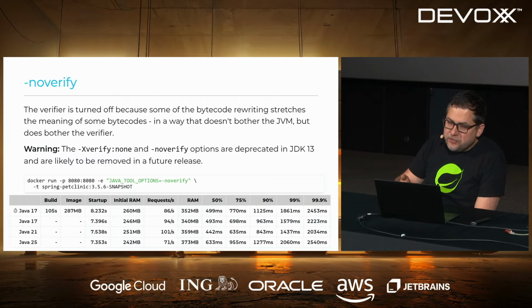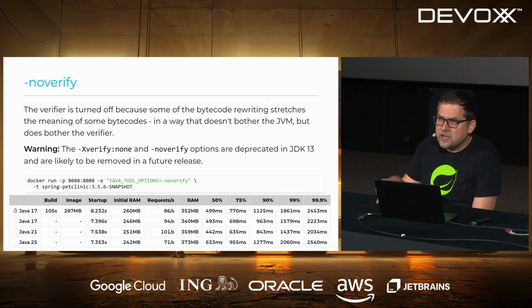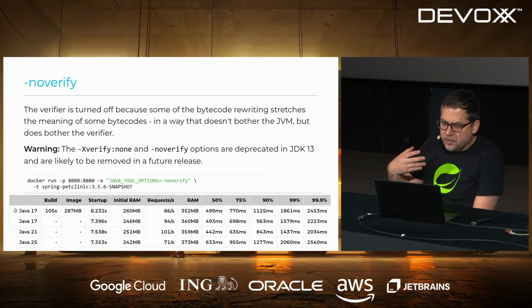And you can see throughout the different Java versions, it's faster while loading the classes, and you definitely get better results. I think, but I'm not 100% sure, that even Eclipse used to do that in the past. If you started Eclipse as a process on your environment, it was using no verify so that it started faster.